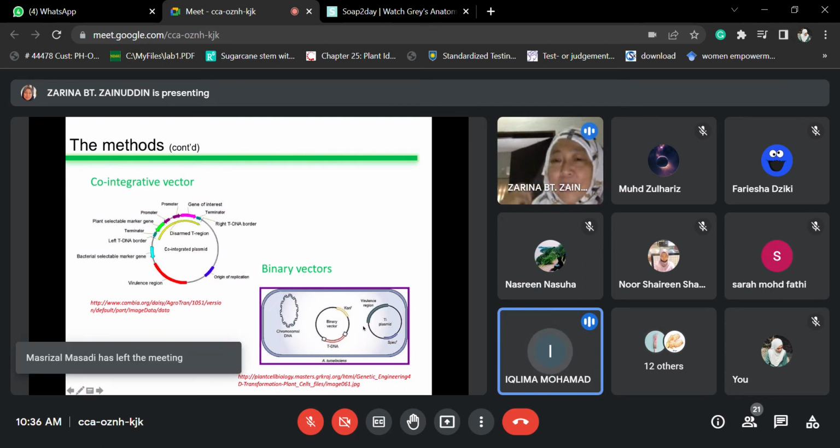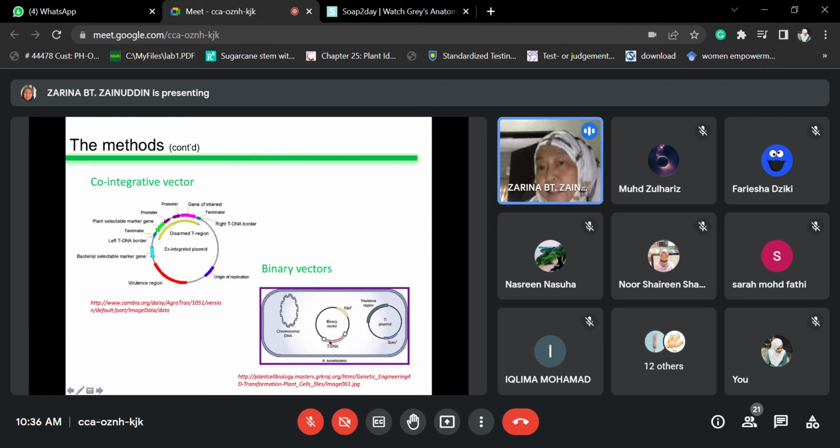Lepas tu tDNA ini contain selectable marker dengan gene of interest. Okay. So virulence ni tak perlu ada selectable marker lagi dah. Maksud apa?